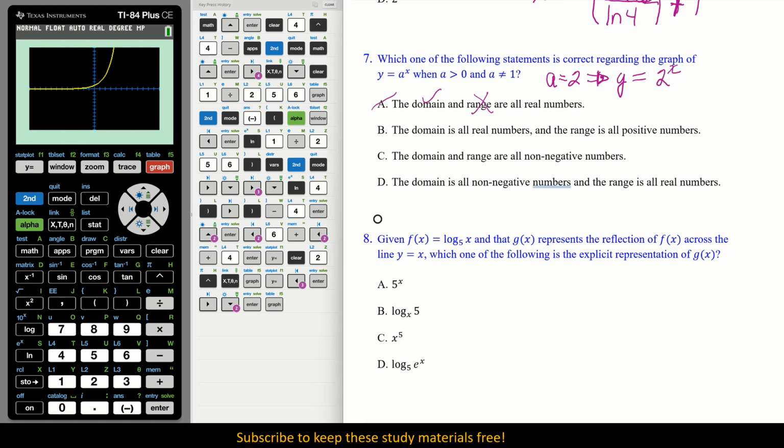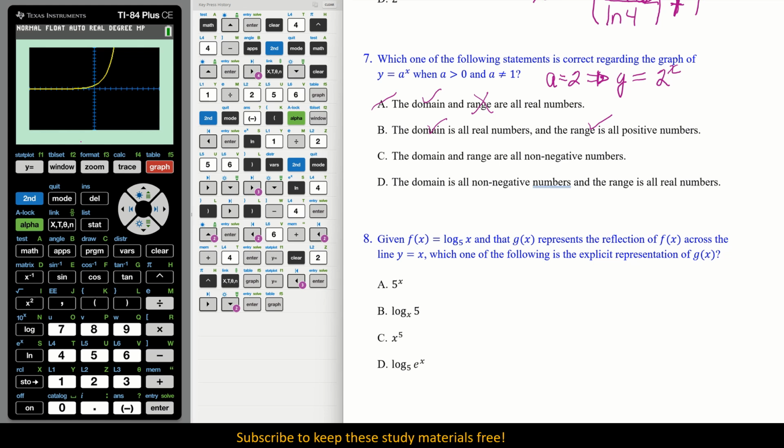So let's go to B then. The domain is all real numbers. We agreed already on that. And the range is all positive numbers. I agree with that because if you zoom in, you will see that it's never equal to 0. It's always above 0. So I'm going to say yes on both of those.